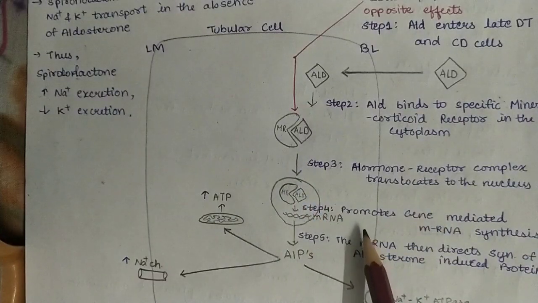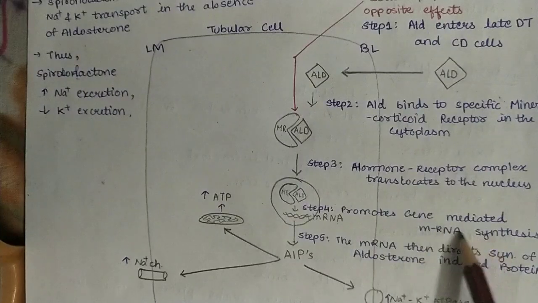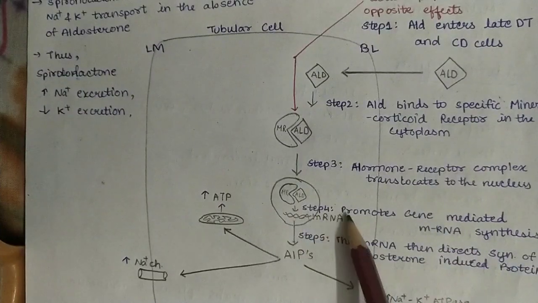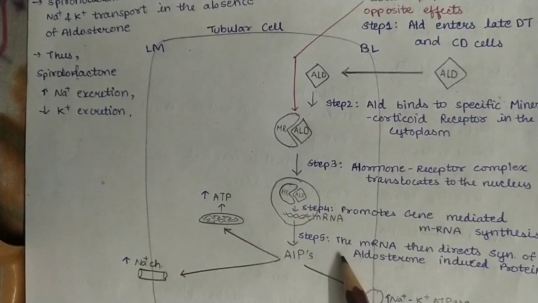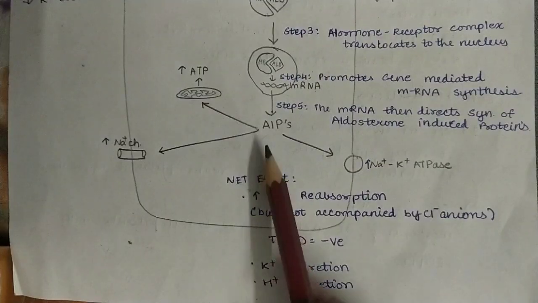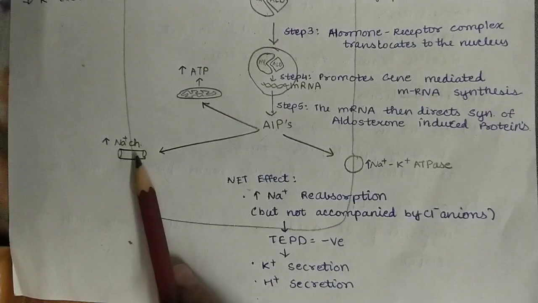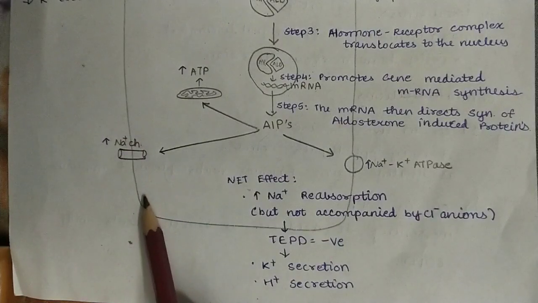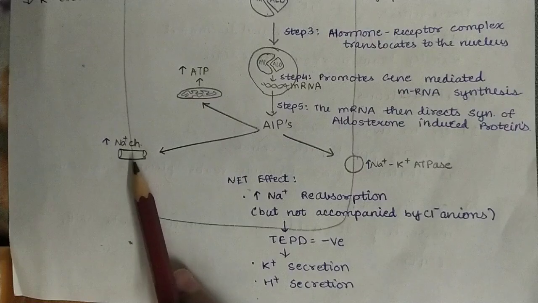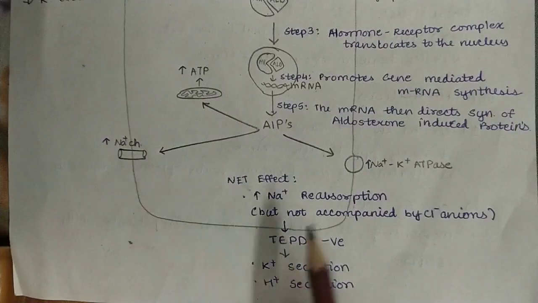Step 4. It promotes gene-mediated mRNA synthesis. Here is the mRNA. Step 5. The mRNA then directs synthesis of aldosterone-induced proteins. The AIPs increase the expression of sodium channels on the luminal membrane and increase the de novo synthesis of the sodium channels.